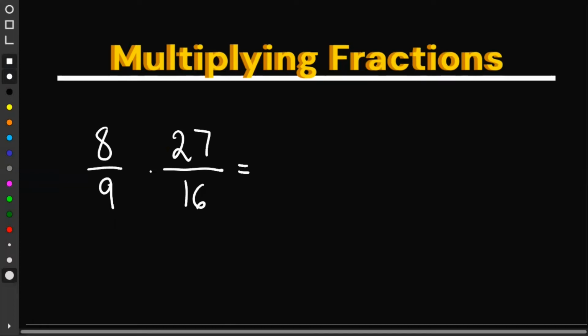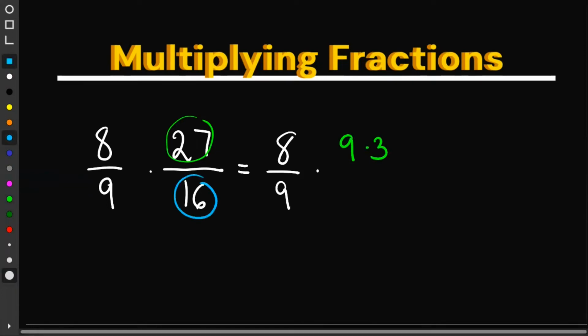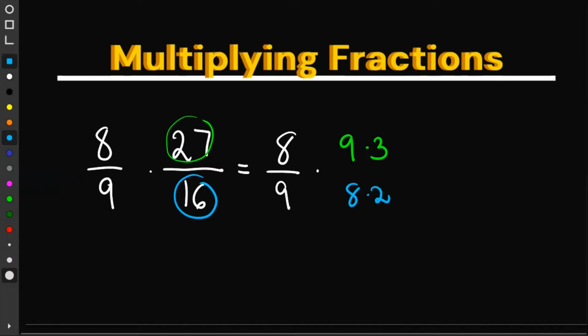So in here, we can observe that we can write this out as 8/9 times, this one is actually 9 times 3, and this one is actually 8 times 2. I mean, my bad.